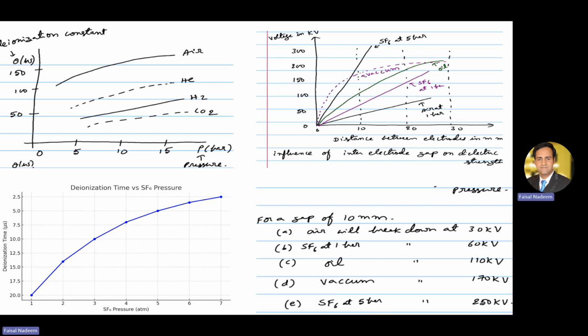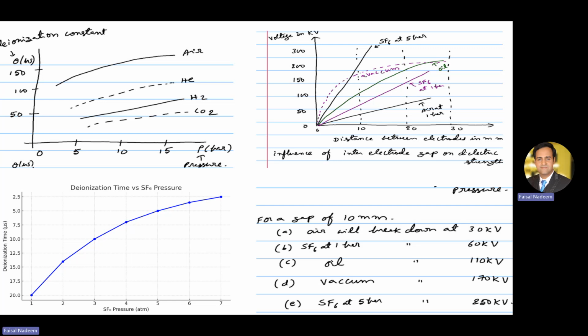So in case of an air circuit breaker, the plasma starts forming at 30 kilovolt if the pressure is maintained at 1 bar. However, in case of oil and vacuum, the plasma or arc will start forming at 110 and 170 kilovolt. In case of SF6, it is 60 kilovolt at 1 bar, and at 5 bar it is around 250. So this clearly indicates that at 1 bar, the breakdown value of the vacuum circuit breaker is far higher than the other circuit breakers.